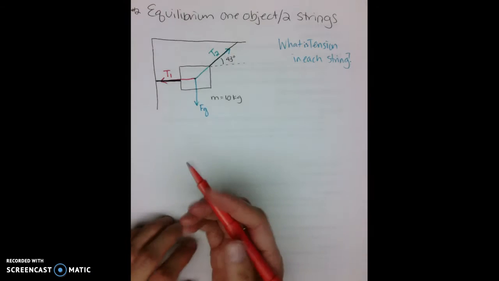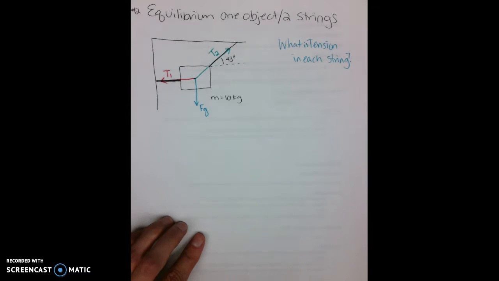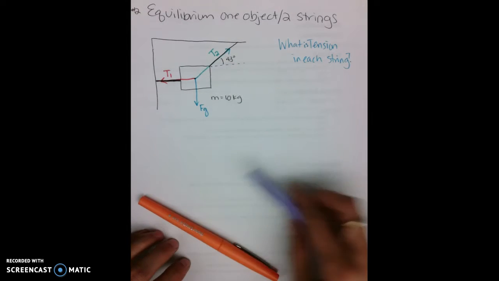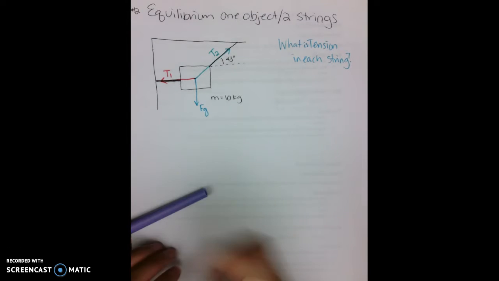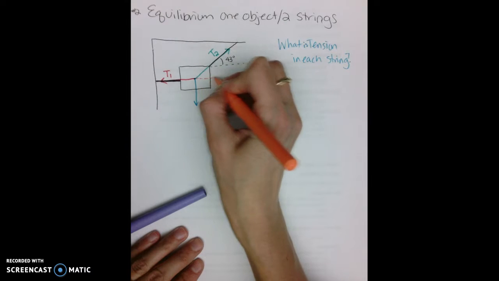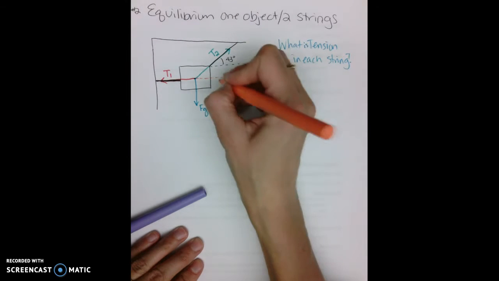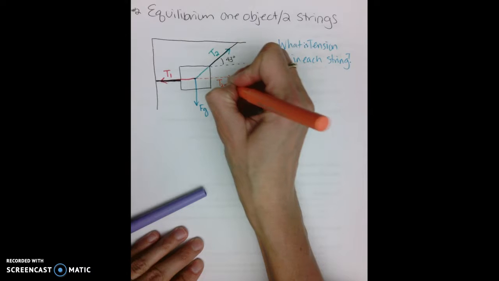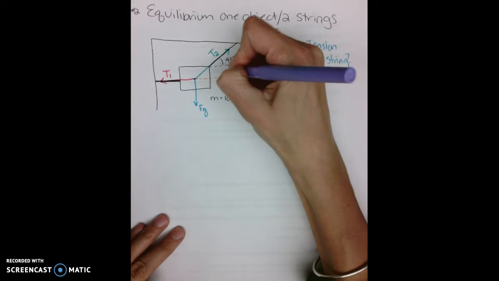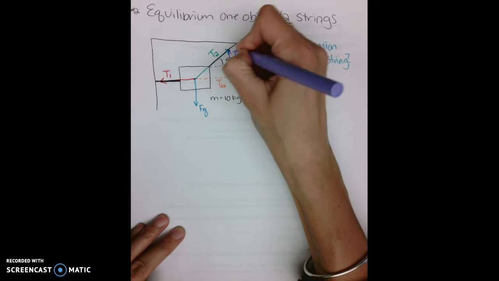A couple of other things that I'm noticing here. T2 is at an angle of 43 degrees, which means that a piece of T2 is in the x direction, T2x, and a piece of that tension is in the y direction, T2y.